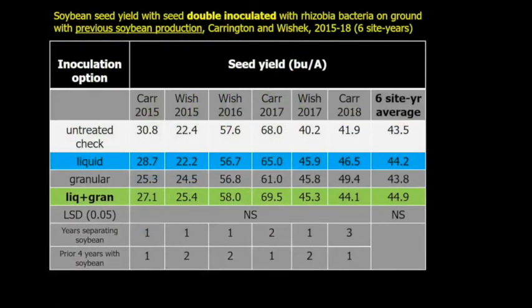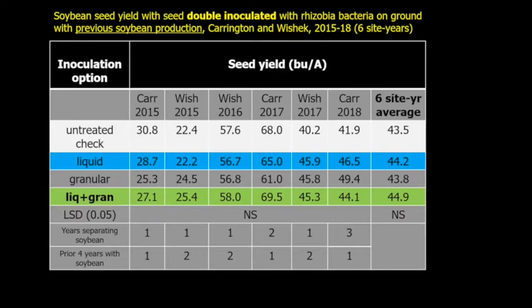The first one answers the question: if I choose to continue to inoculate seed, even though I have a prior soybean history in this field, should I double inoculate? We certainly recommend this strategy if a person is planting soybeans for the first time in a field, but what about after? We tackled this with some research.